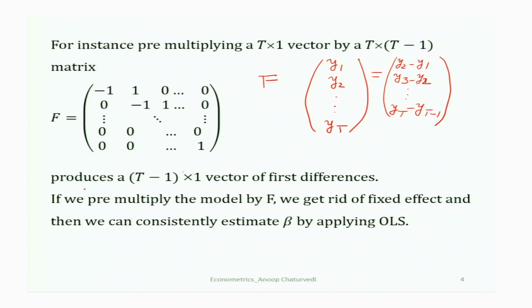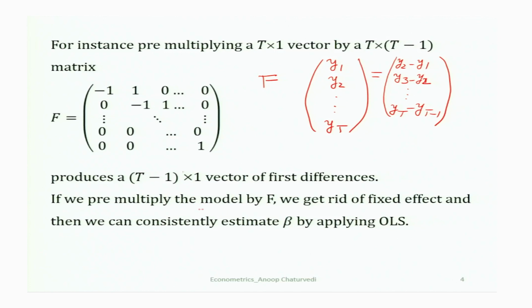Now, this produces a T minus 1 cross 1 vector of first differences. If you pre-multiply any vector by F, it gives a vector of first differences.